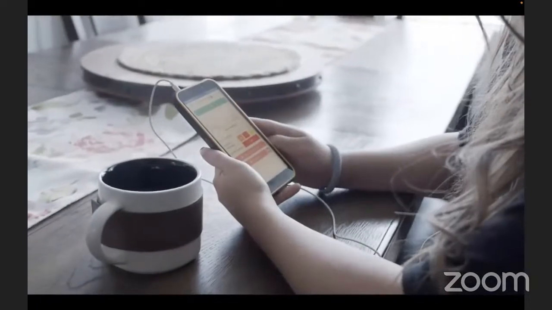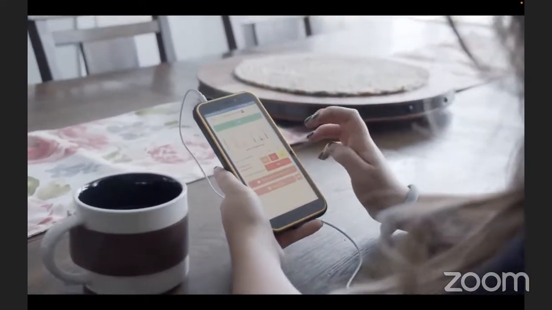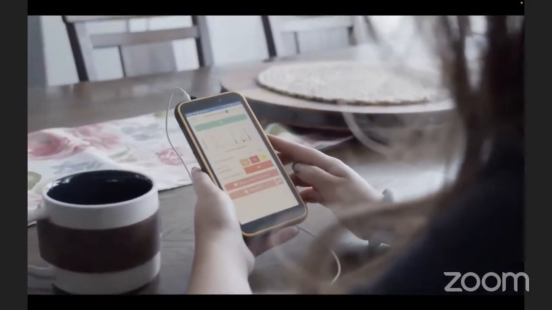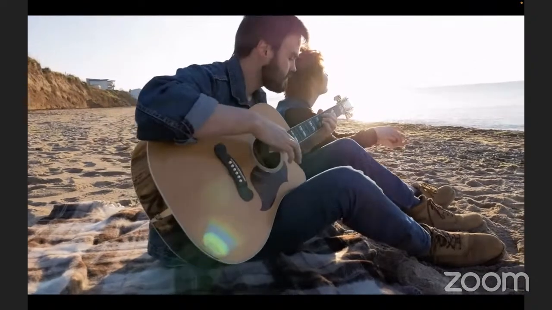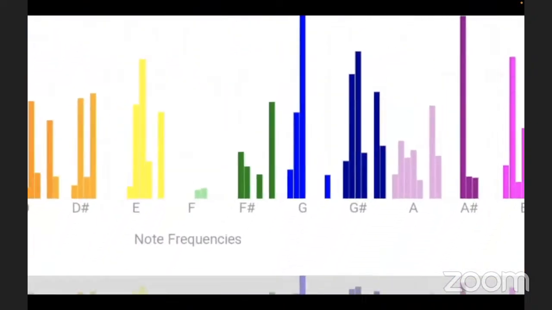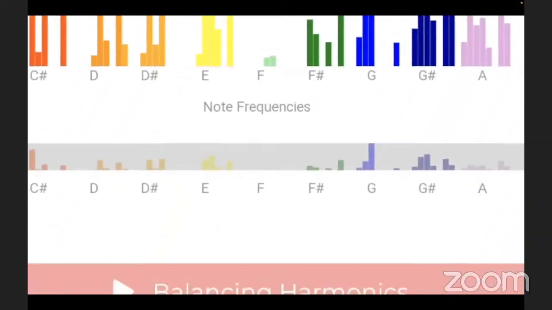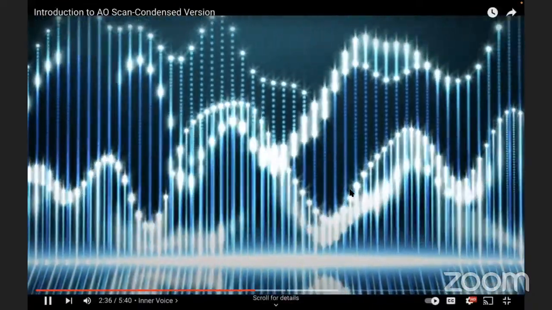This program records a 10-second sample of your voice to isolate and analyze imbalances in your emotional state that present themselves through your vocal cords. The inner voice report will display 3 notes or octaves that are out of balance, as well as the main octave that is being suppressed, and 4 MP3 files are generated. Called balancing harmonics will then play.